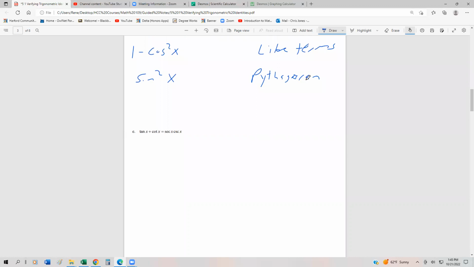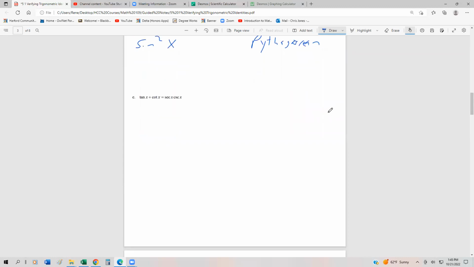So the next one we have is tan x plus cotangent of x equals secant times cosecant. All right, so let's operate on the left-hand side. We can use our ratio identities, because remember we said that the tangent is going to be sine over cosine. So that's sine x over cos x. And then the cotangent is going to be cosine over sine.